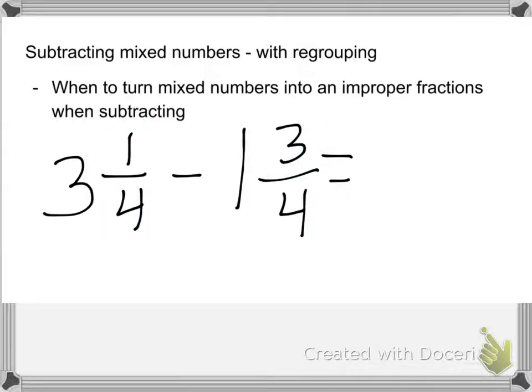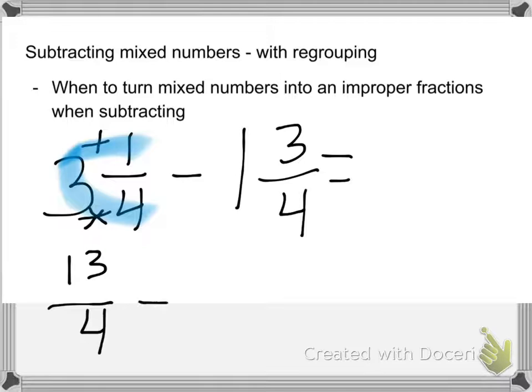All right, and once again, I'm going to turn these mixed numbers into an improper fraction. So again, I'm taking 3 times 4 plus 1. 3 times 4 equals 12, plus 1 equals 13/4, minus, again, I'm taking 1 times 4 plus 3. 1 times 4 is 4, plus 3 equals 7.